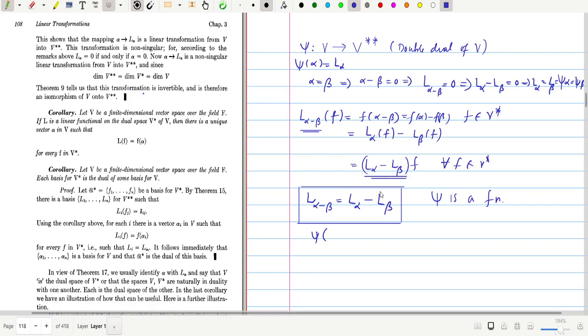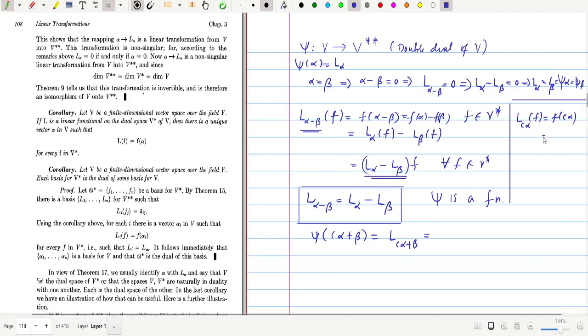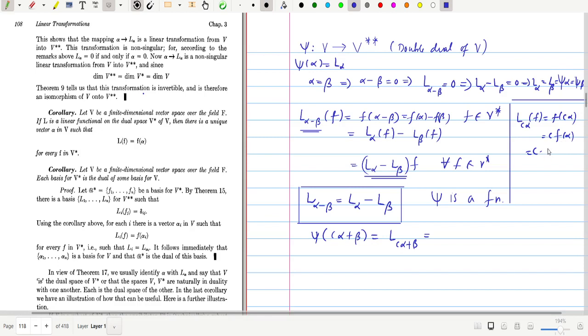And we have already seen that, what is psi of c times alpha plus beta? By definition, this is L of c times alpha plus beta. You write this as L of c alpha plus L beta. But what is L of c alpha? L of c alpha of f, by definition, is f of c alpha, that is equal to c times f of alpha, and you write this c times f of alpha as c times L alpha of f.